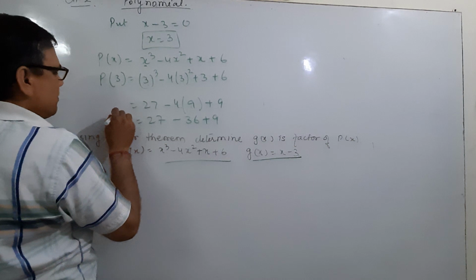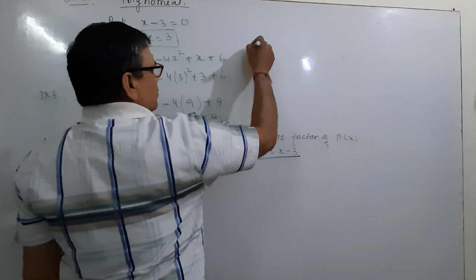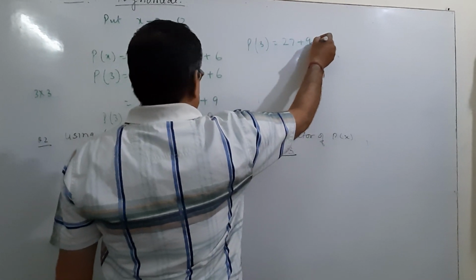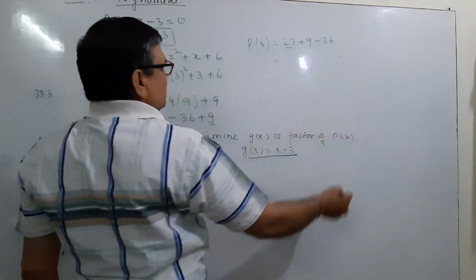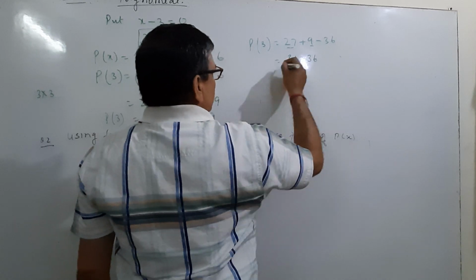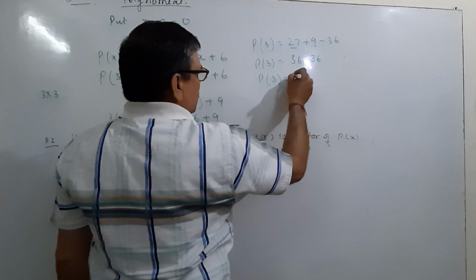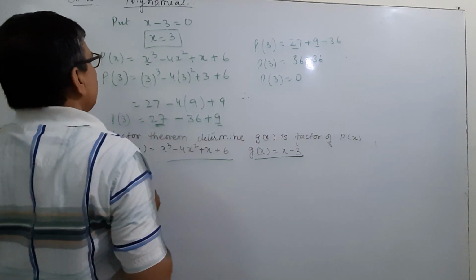And now this is your P of 3. 27 with plus sign, 9 with plus sign. So P of 3 is equal to 27 plus 9 minus 36, which is 36 minus 36. P of 3 is equal to 0. So therefore, what do I have to write?